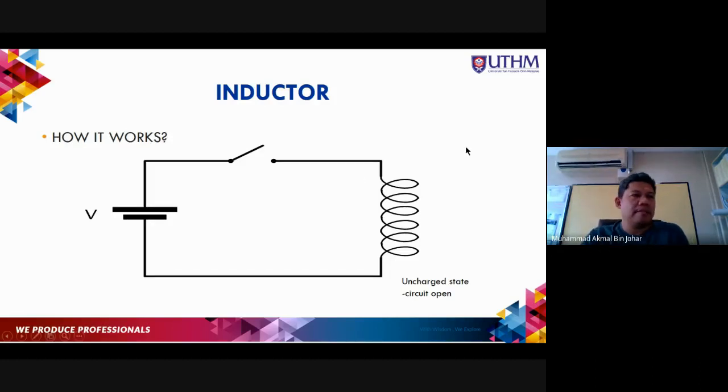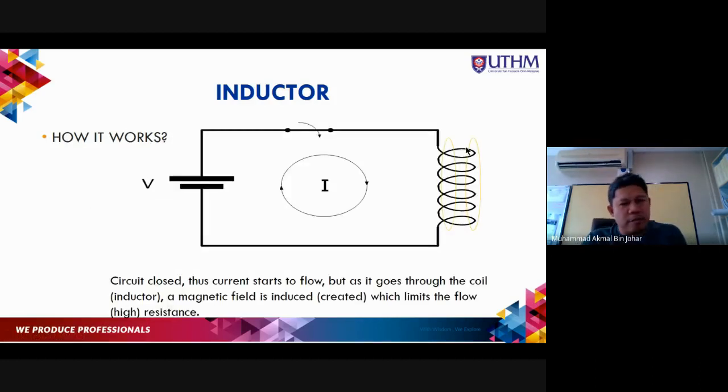Next, as we close the circuit, or switch on the circuit, the current will start flowing in the circuit. The current will flow across the coil, turn by turn, and this flow of current will induce a magnetic field.